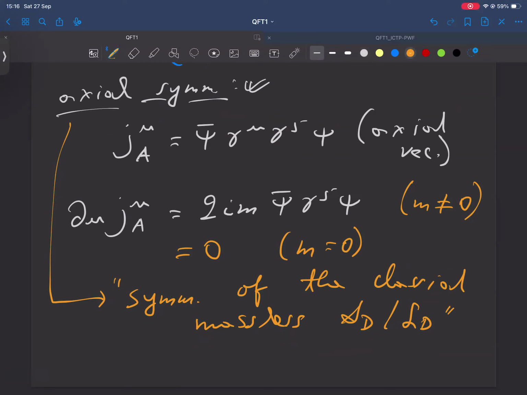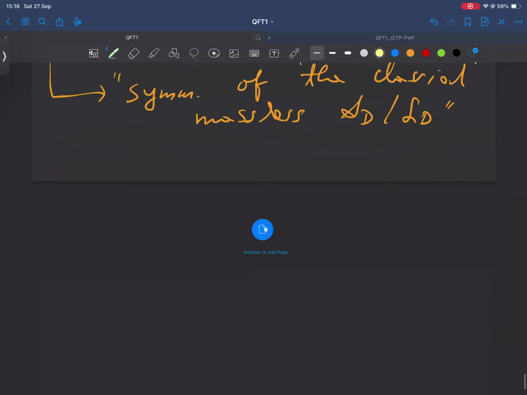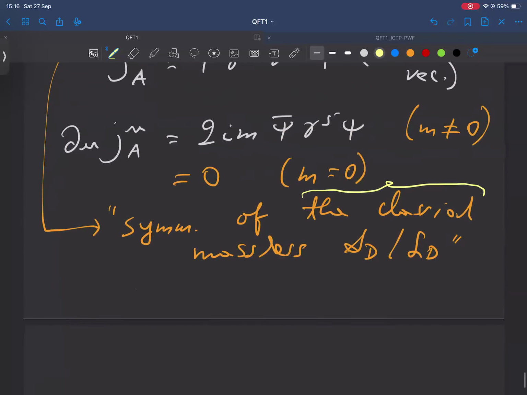And now note that there is this word I sneakily put in the sentence, classical. Okay. Why did I say that? Because we have only been doing classical spinor field till now. We will quantize it like in 15 minutes. We'll start quantizing it in 15 minutes. So that's why this is fine. This is okay. This is correct. This statement is correct. But there is something more to this statement, and that is, this is again something you will probably learn in QED, but I will skip it for now.